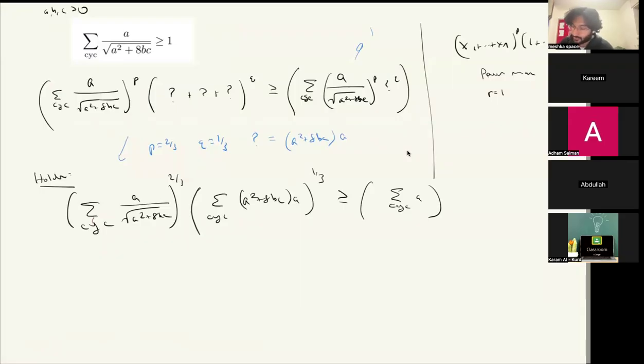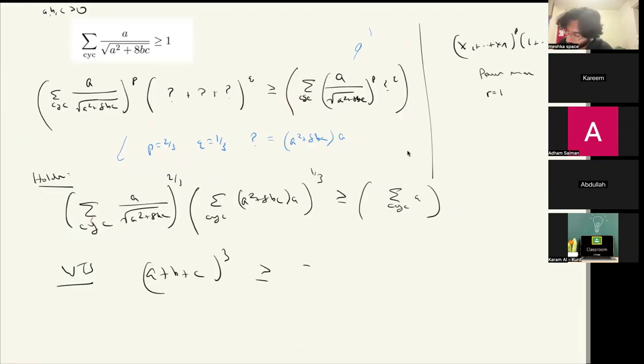Now it's okay, right? If you want to lower bound this, we have to lower bound the ratio, and these are not so bad. Remember, we want to show this is greater than or equal to 1. So what we want to show is that a plus b plus c cubed is bigger than or equal to the cyclic sum of a squared plus 8bc times a, which of course is a cubed plus b cubed plus c cubed plus 24abc.